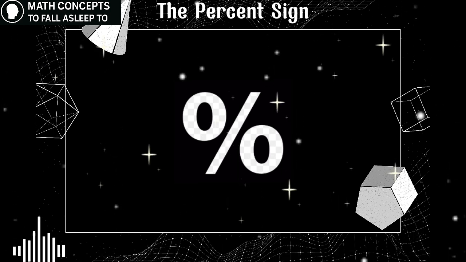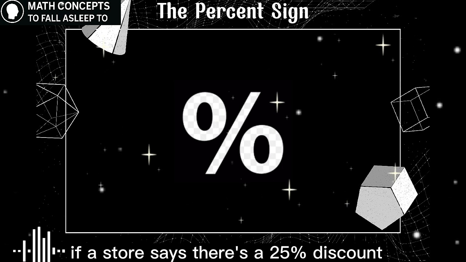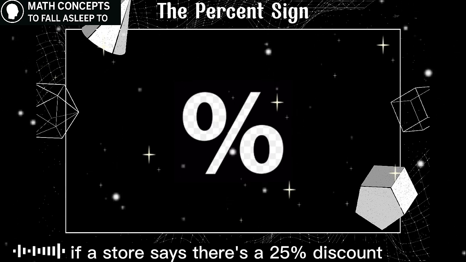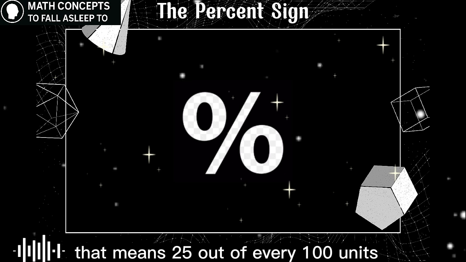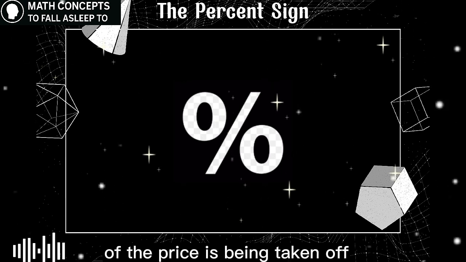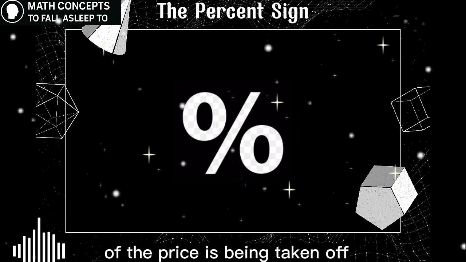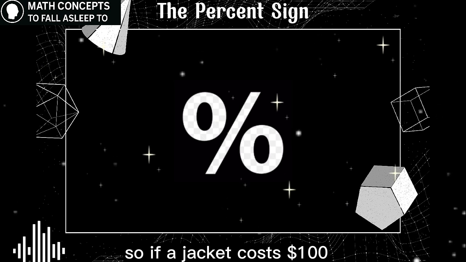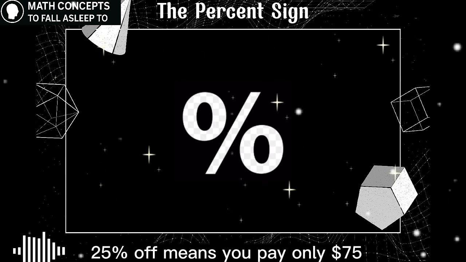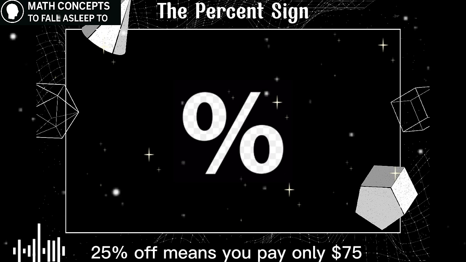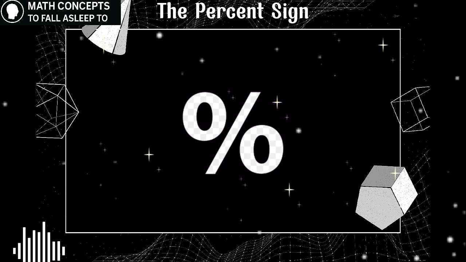Practical example. If a store says there's a 25% discount, that means 25 out of every 100 units of the price is being taken off. So if a jacket costs $100, 25% off means you pay only $75.